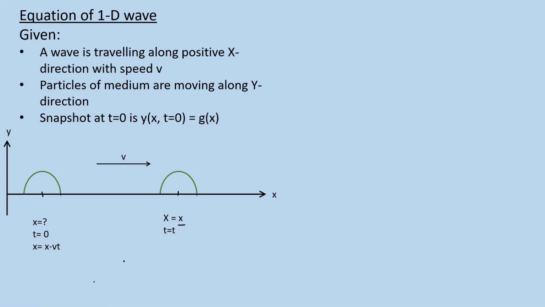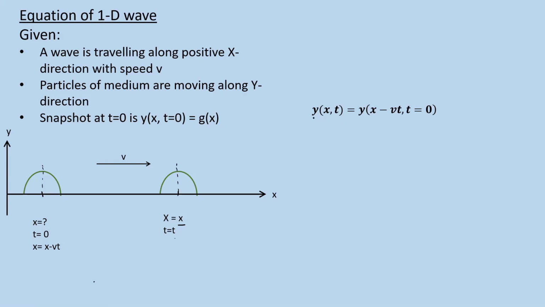So we can say that the disturbance at position x at time t is the same as the disturbance at position x minus vt at time t equal to 0. Why is it so? Because each particle of the medium copies the motion of the other particle with a time lag. So the same disturbance that was here has arrived here.